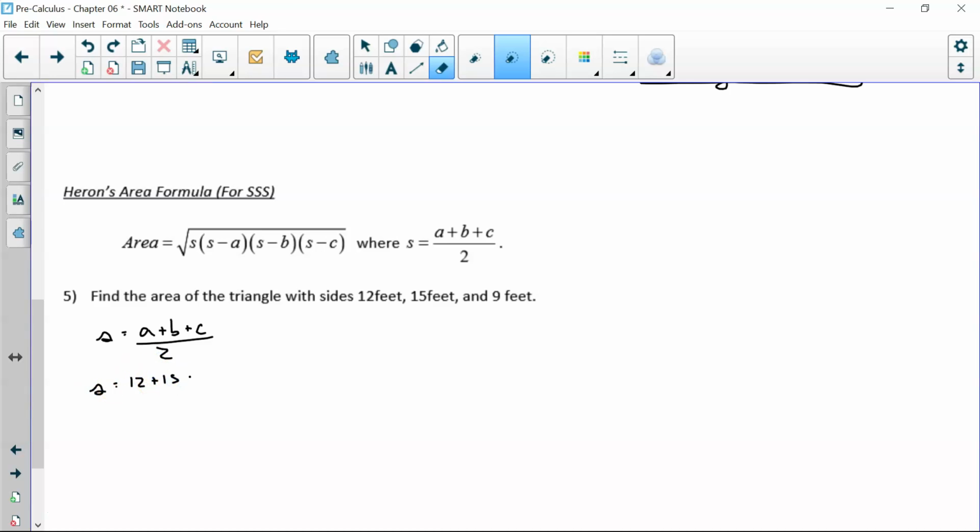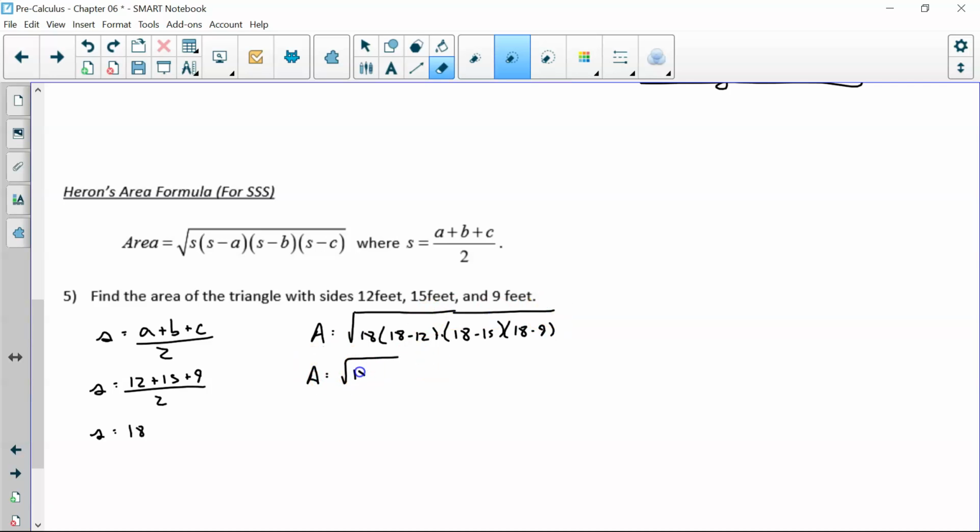12 plus 15 plus 9 divided by 2. Add them up, divide by 2, you get 18. Don't worry about units, 18. So now the area: the square root of 18 times 18 minus 12 times 18 minus 15 times 18 minus 9.